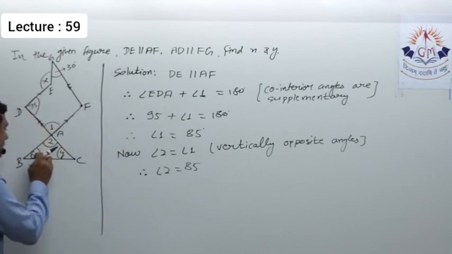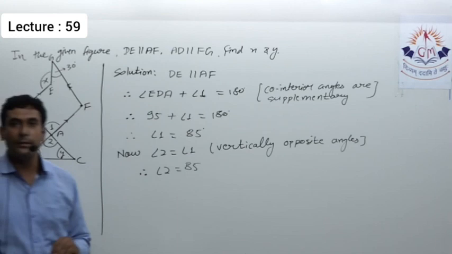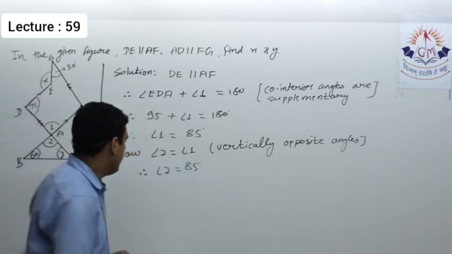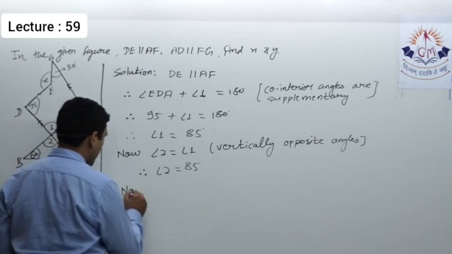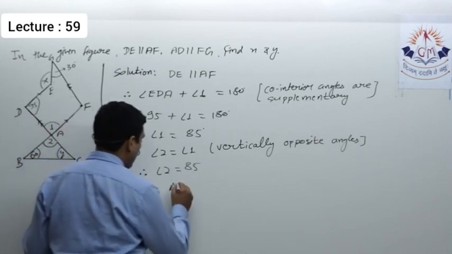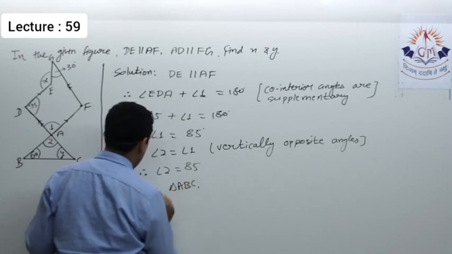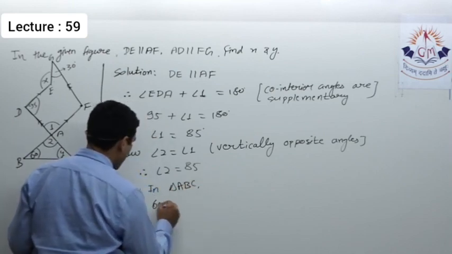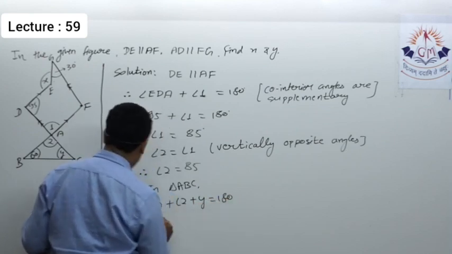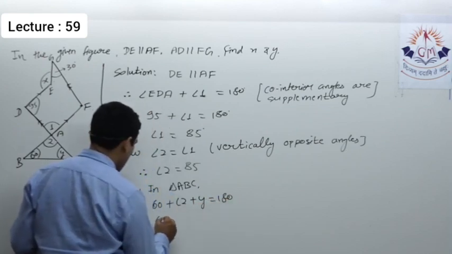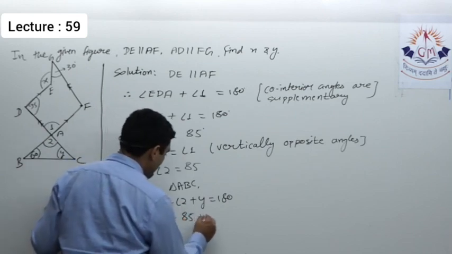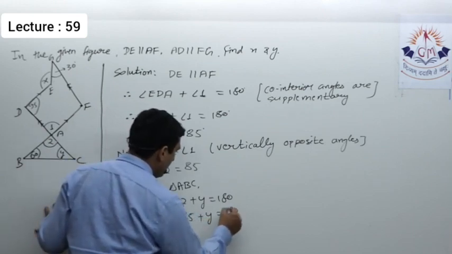Now angle 2 plus 60 plus y equal to 180 by the property of the sum of all three angles of a triangle. So in triangle ABC, I can write 60 plus angle 2 plus y equal to 180 degrees. So 60 plus, now angle 2 is 85, plus y is equal to 180 degrees.